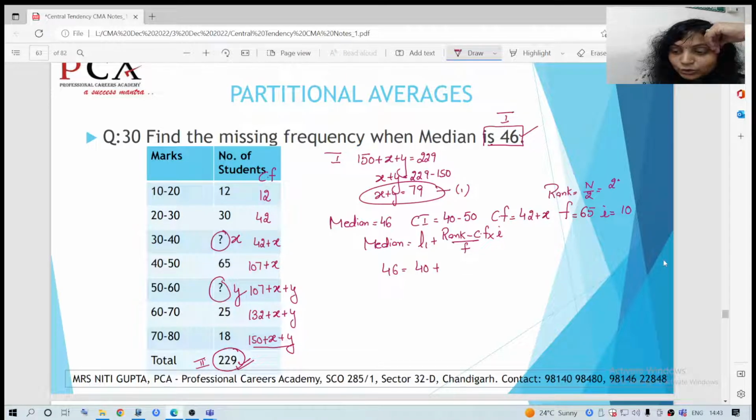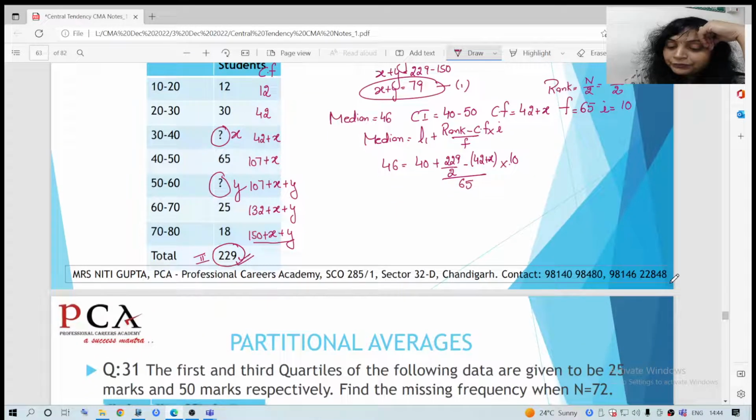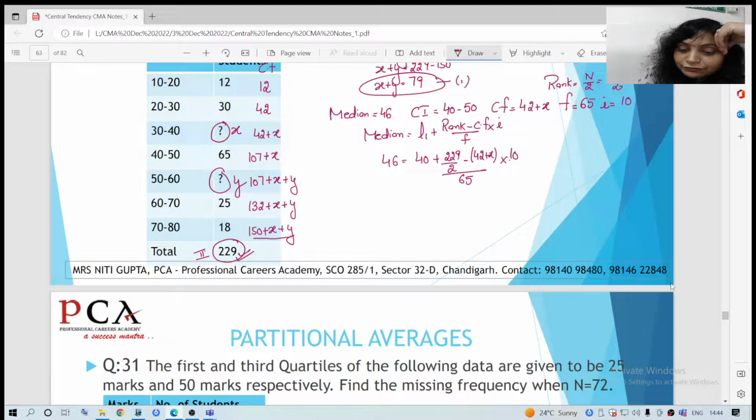So rank is 229 upon 2. So this is 229 upon 2 minus cumulative frequency 42 plus x. Frequency is 65 and class interval is 10. So 46 minus 40, that is 6.